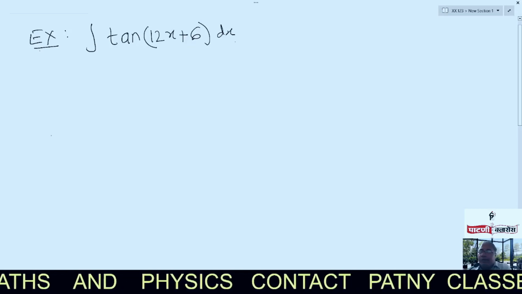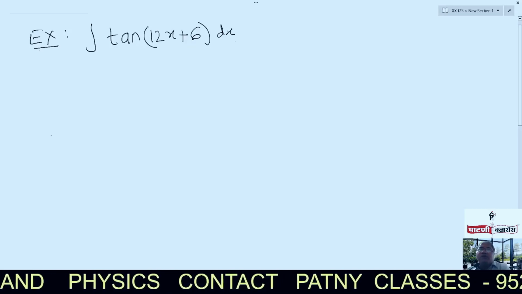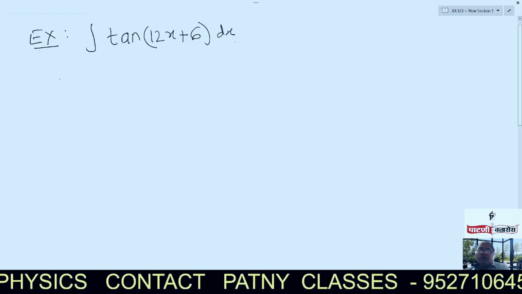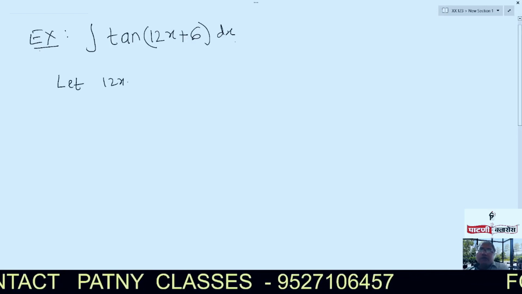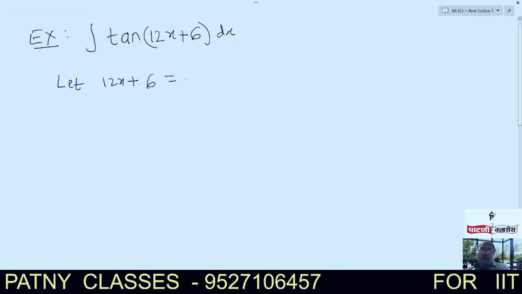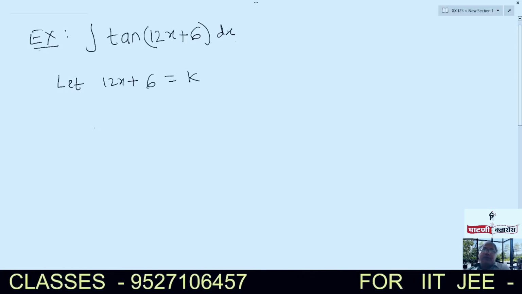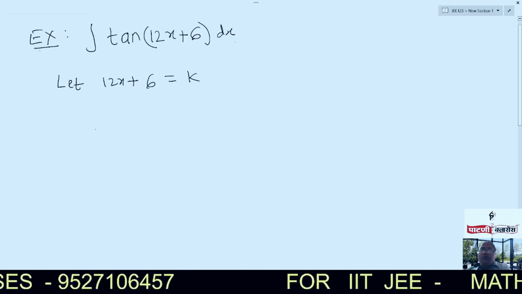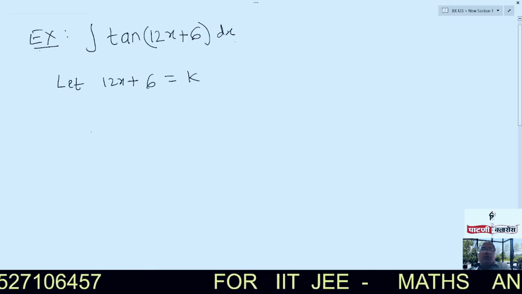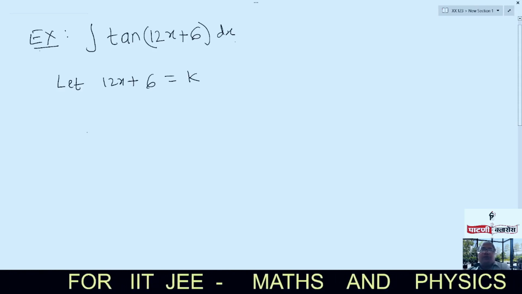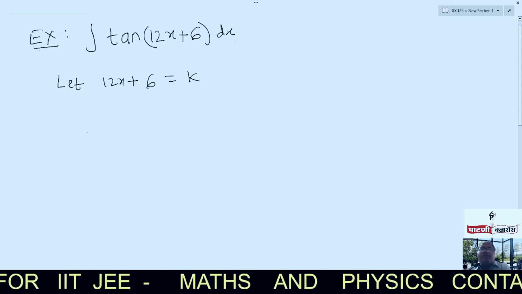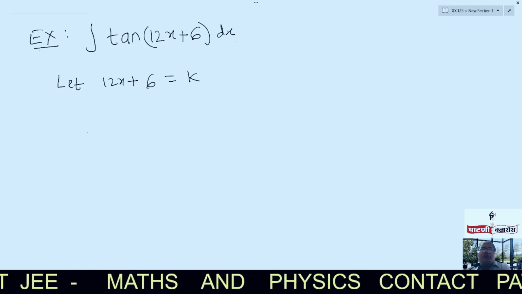Now integration of tan (12x plus 6) with respect to x equals how much? Steps are as usual. Let 12x plus 6 equals k. If your college teacher uses shortcuts, you can also use shortcuts, but it is my aim that students should know each and every step. Therefore I am writing most of the steps here.